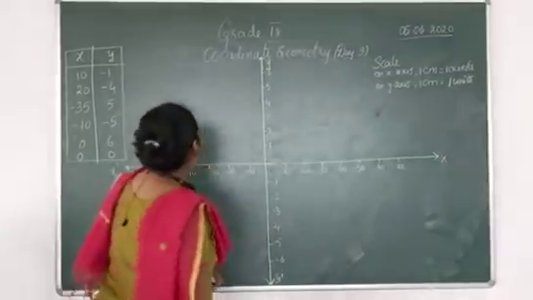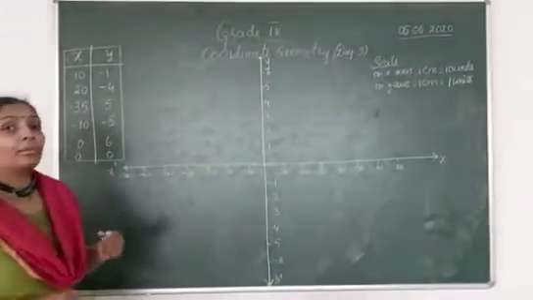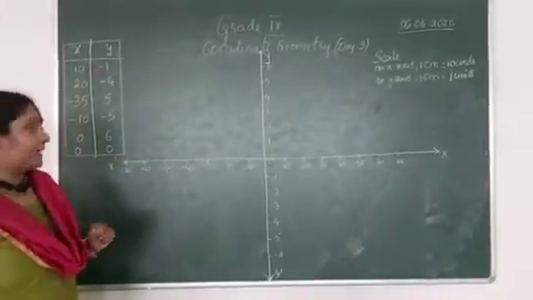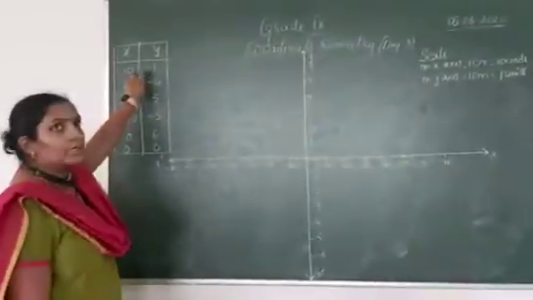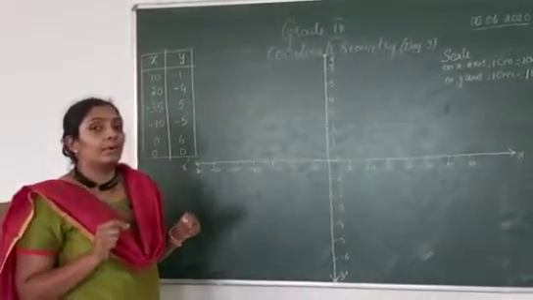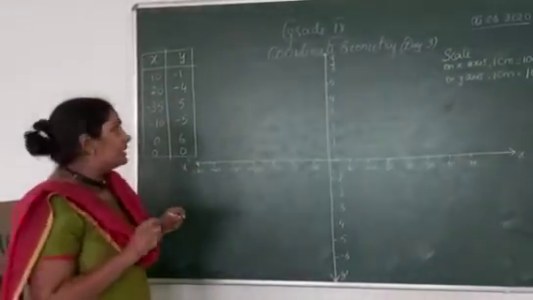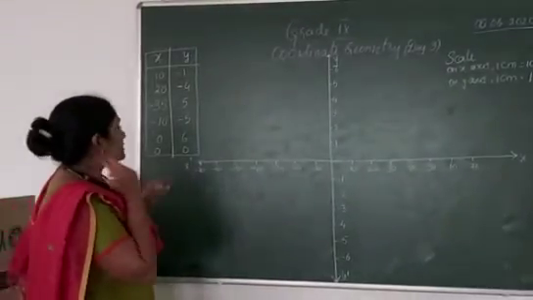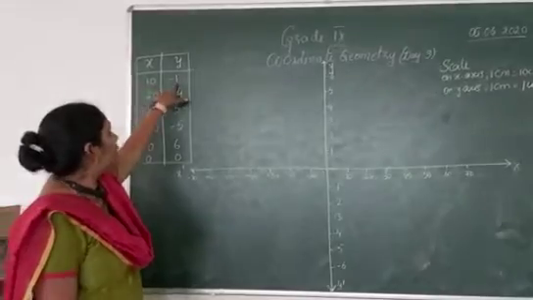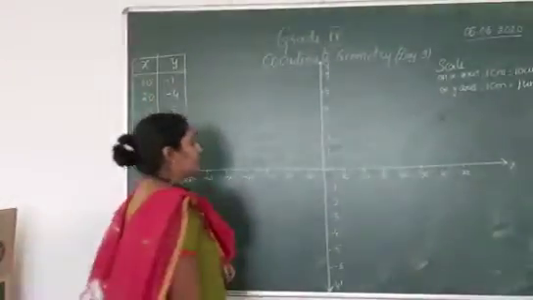Now let us see how we plot when we are given the x and y coordinates separately. Even though they are separate, we take the location of that point together. So when x is equal to 10, the value of y is minus 1.